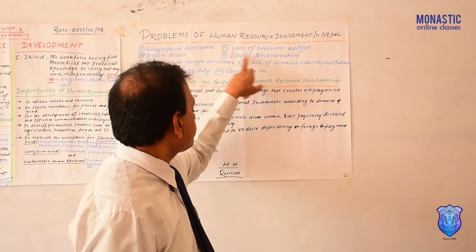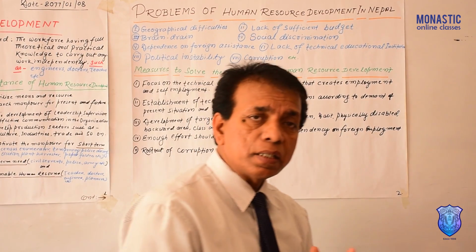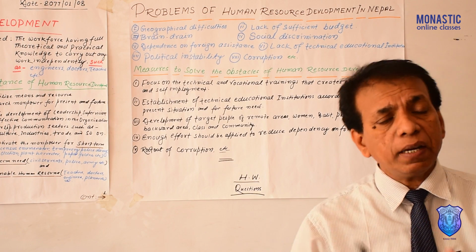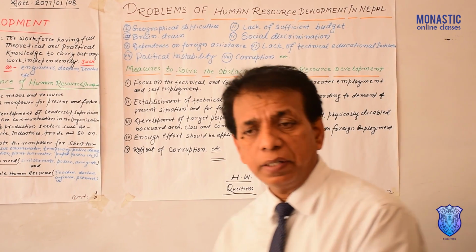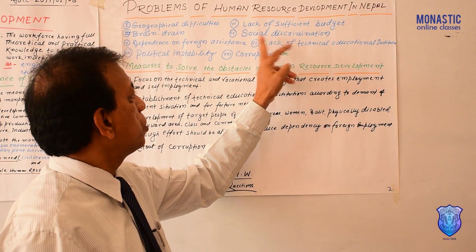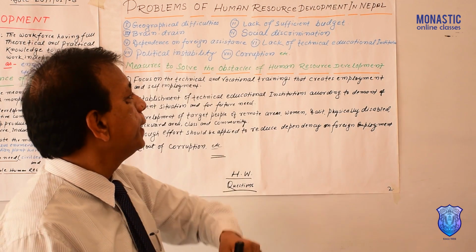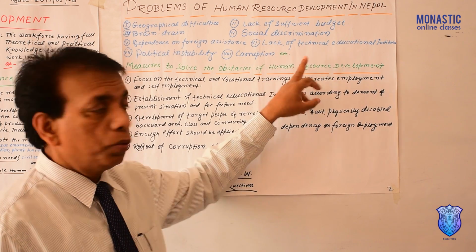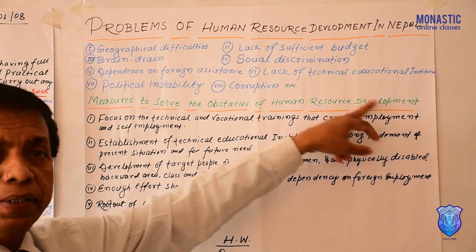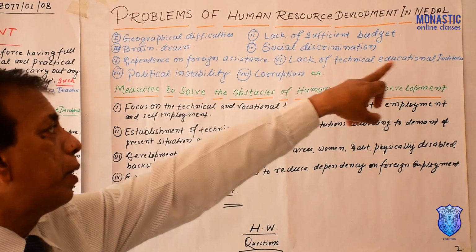There is discrimination in high caste and low caste, in religion, black and white, and various other sectors. Touched and untouched are there, social distinctions are there. Because of this, the human resource of our country is not developing. Note down this point also: social discrimination is another problem for human resource development in Nepal.